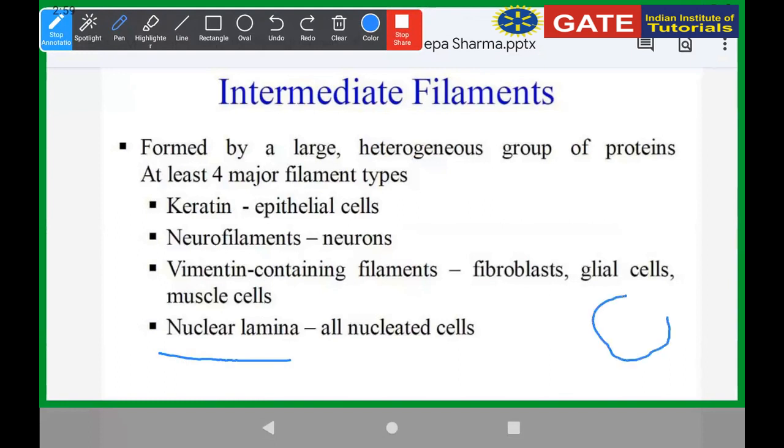Inside the nuclear membrane, a thin transparent nuclear lamina is present, and it is made up of intermediate filaments. Clear everyone? Any doubts?